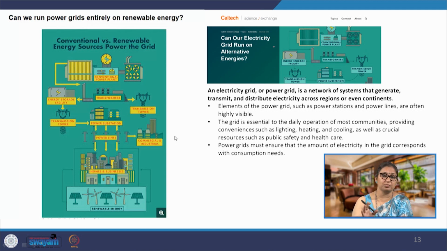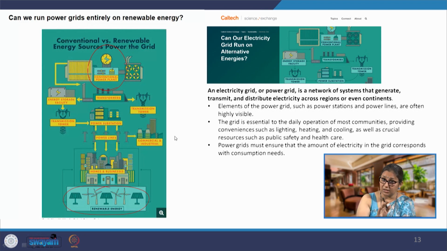So, the best option in such a scenario is to have a mixed portfolio of renewable energy backed up with a conventional energy for sustaining the growth. So, we are not just looking at reducing the greenhouse emissions, we are also looking at sustaining the economy, sustaining the growth simultaneously.